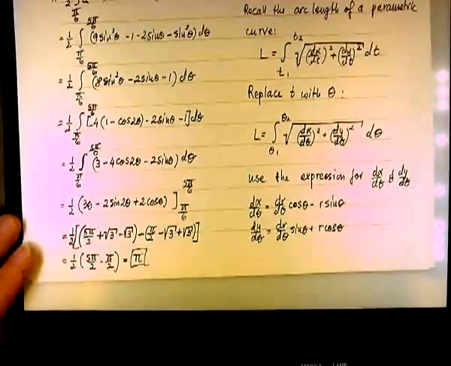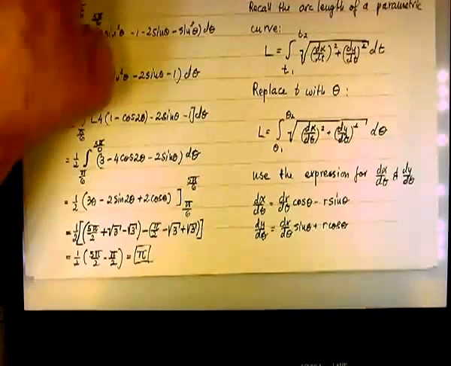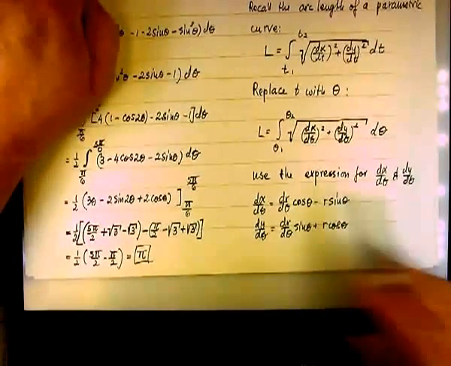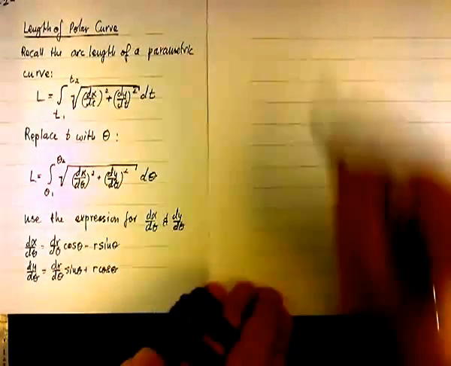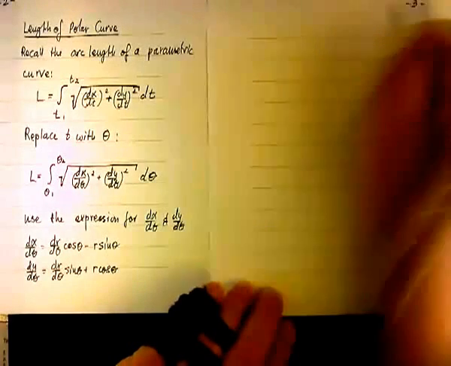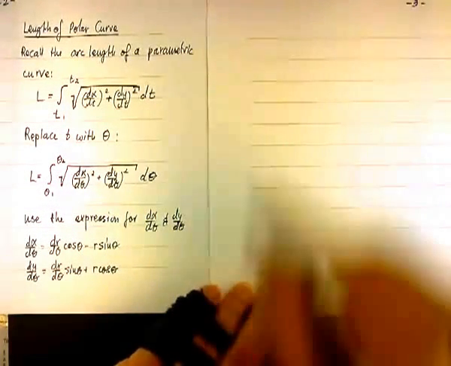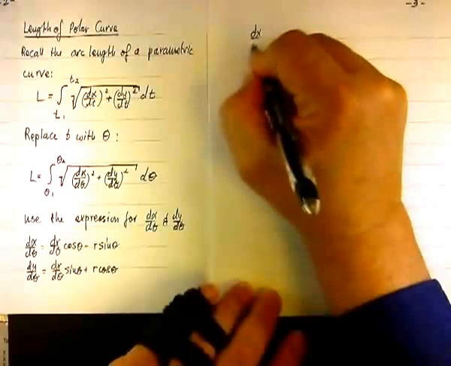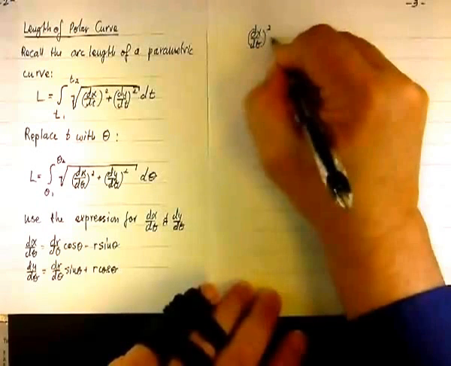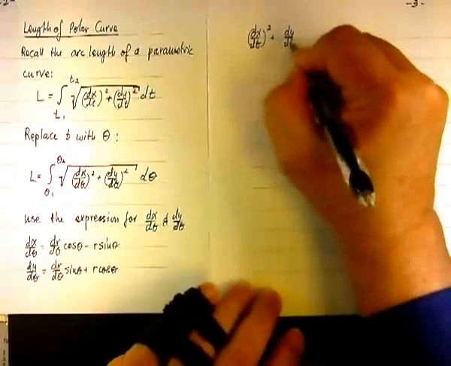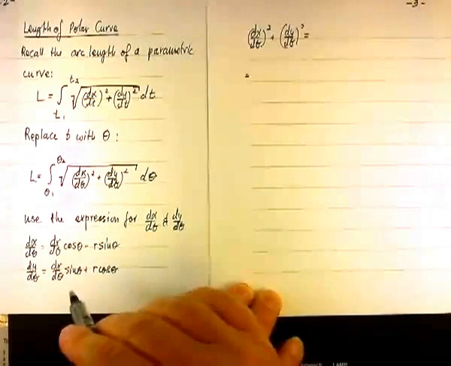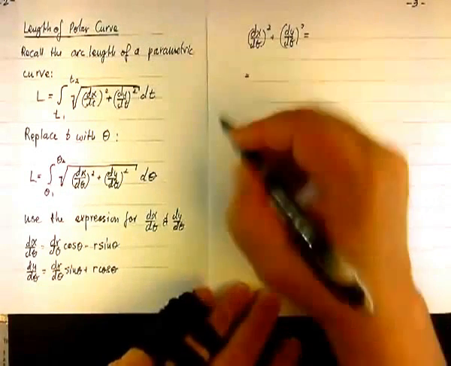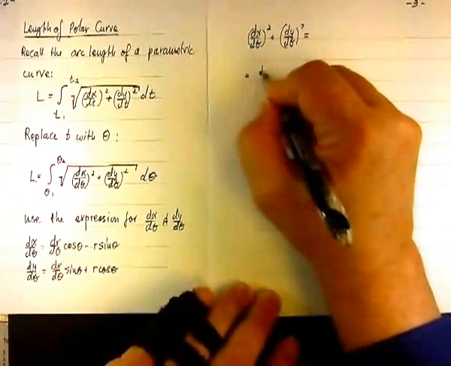Now, I'm not going to do it, but if you square and add, actually it's easy to do, so I might as well do it. Let's square and add and see what happens on the next page. Let's look at dx d theta squared plus dy d theta squared. It's a long expression, so let's write it down.